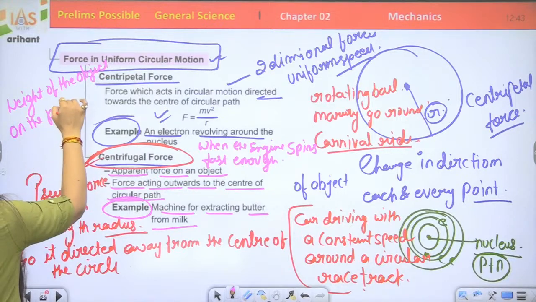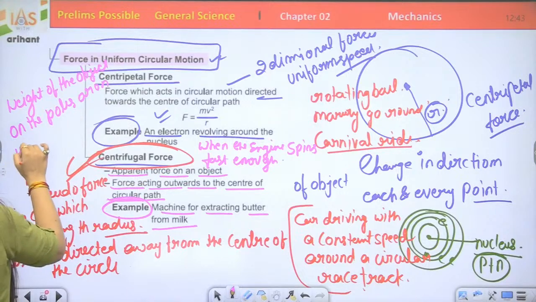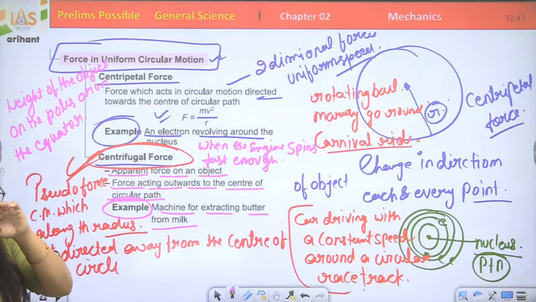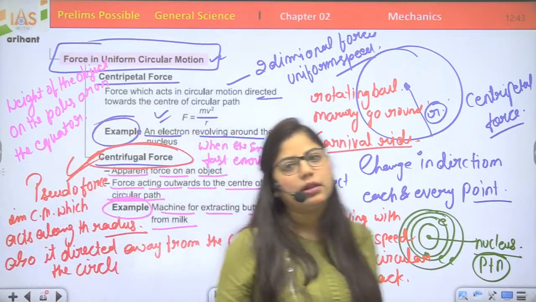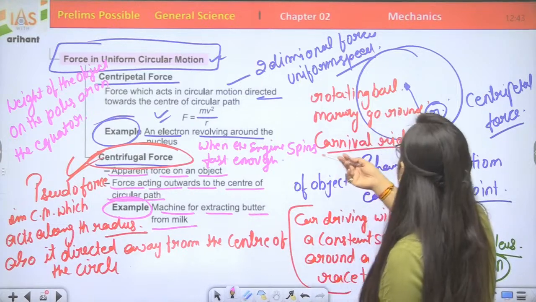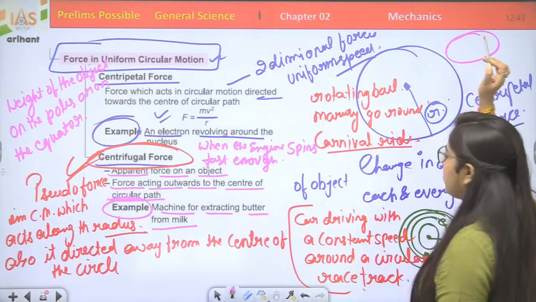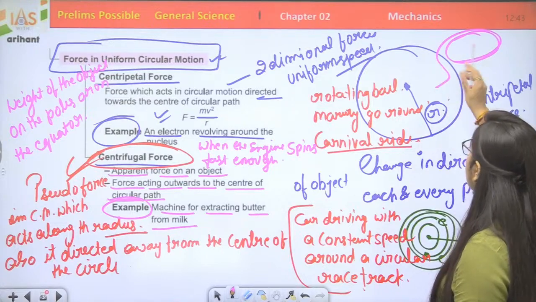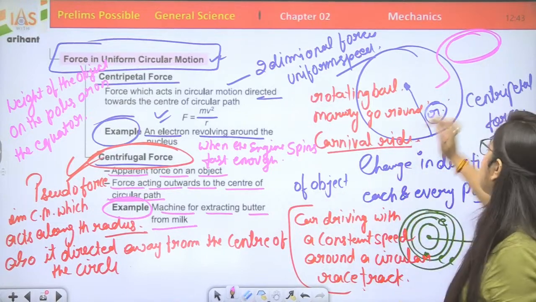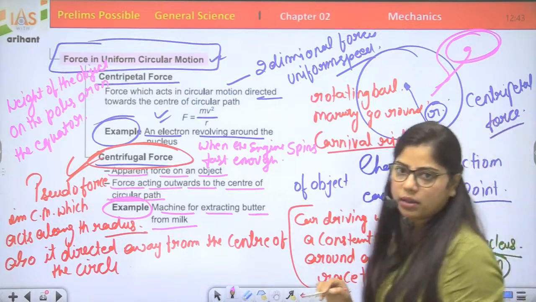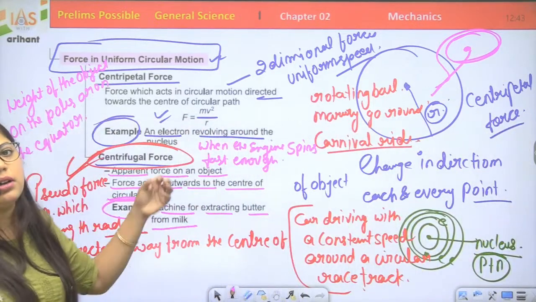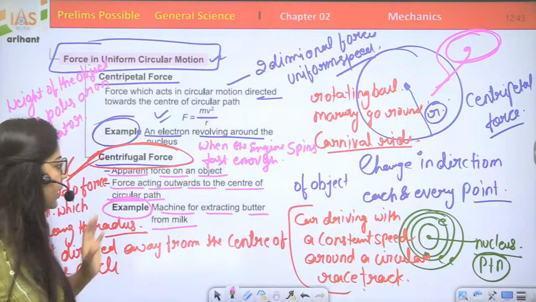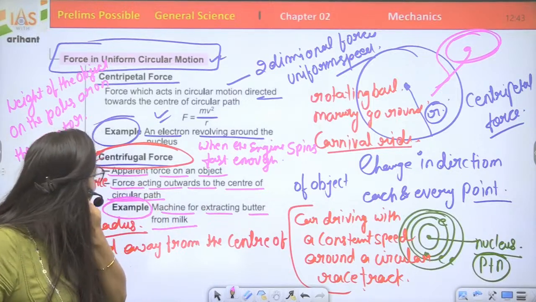A bike making a turn: suppose a bike is on a circular path and suddenly it makes a turn, so the rider is pushed away from the center. Clear? So this is an example of centrifugal force, and also the equatorial railway. All these are examples of centrifugal force and centripetal force.